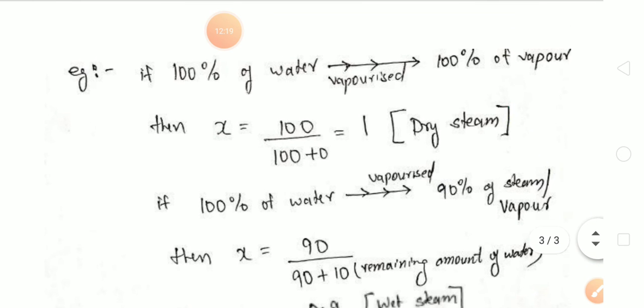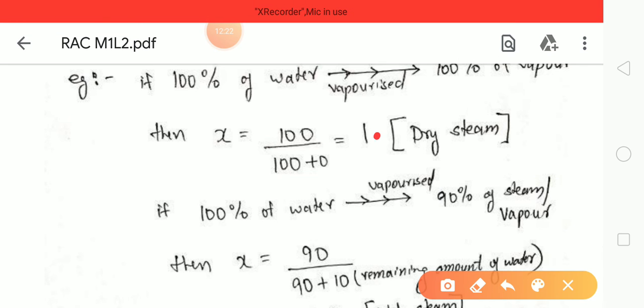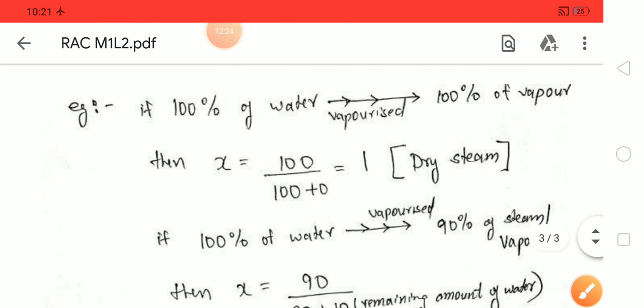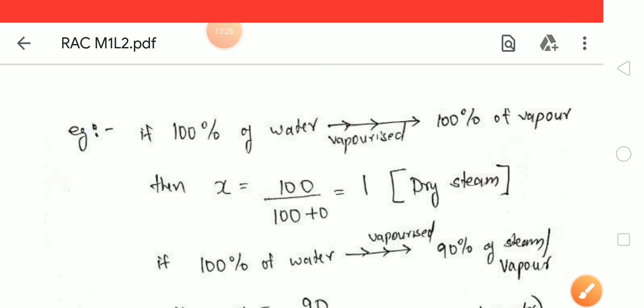Now consider, for your ease of understanding, I'll just give an example. See, we have 100% of water initially, and it is vaporized to 100% of vapor. That is, suppose you have 100 liters of water, it is vaporized to 100 liters of vapor.